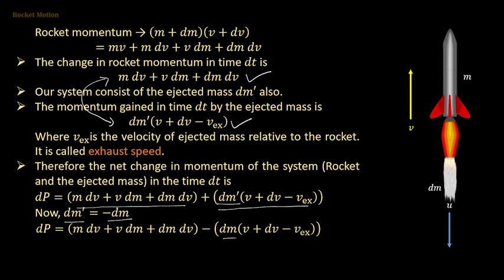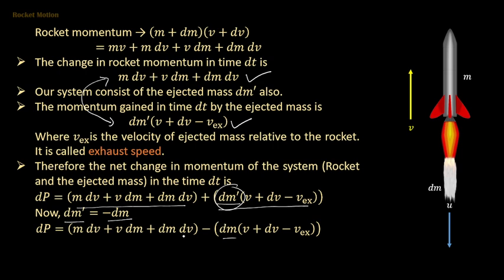Now why are we doing so? Because in our derivation of rocket propulsion, we are going to describe the rocket motion, and therefore we try to keep the mass of rocket everywhere in our expression, everywhere in our analysis. We do not want to keep the mass of the exhausted gas, because we are interested in the motion of rocket and we must include the mass of rocket everywhere in our analysis.